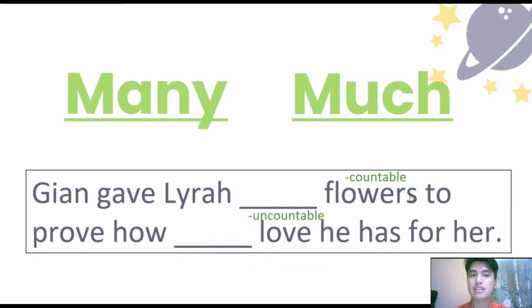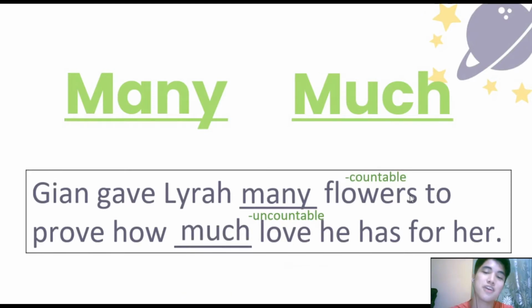Now the rule is for countable nouns we use many, and for uncountable nouns we use the quantifier much. So let's see if Gisela is right. Gian gave Lyra many flowers to prove how much love he has for her. Gisela is correct. Again, many is used for countable nouns and much is used for uncountable nouns.